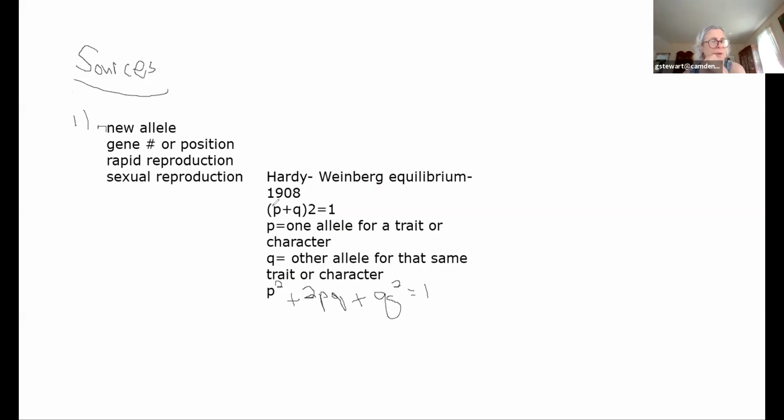So the Hardy-Weinberg equilibrium assumes that someone's going to count the frequency of the appearance of an allele in the population.